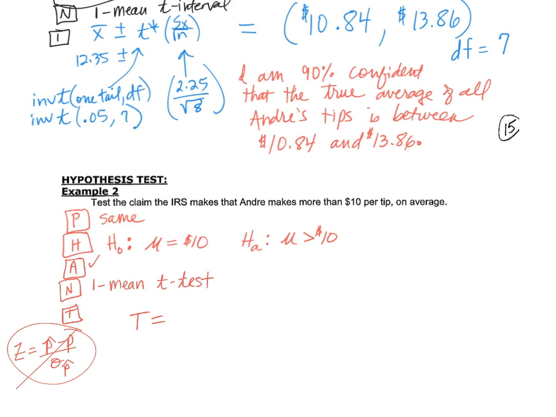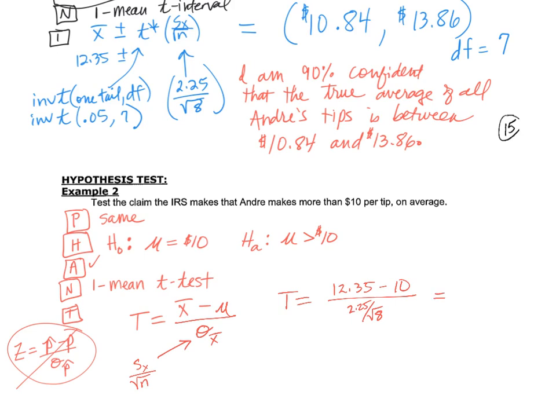What do you think would be equivalent to a p hat, but with means? X bar. X bar, very good. So that's going to be X bar minus the population mean, because you're seeing how far away your sample was from the population mean, over the standard deviation of those things. So when we fill in those blanks, T equals 1235 minus 10 over 225 over the square root of 8.